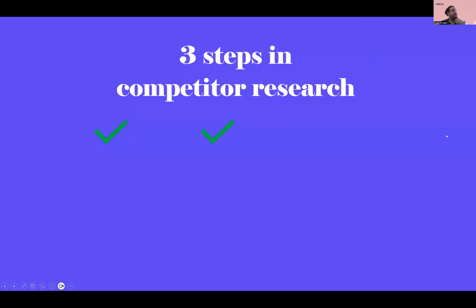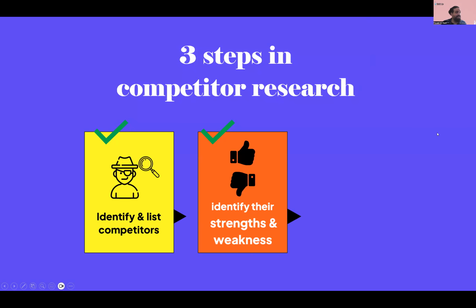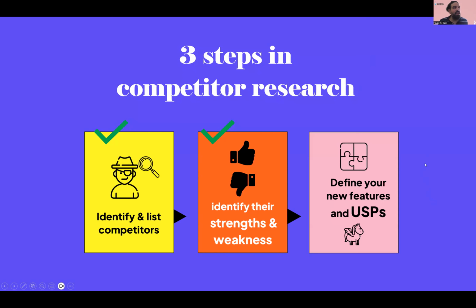You have already done identifying and listing competitors, identifying their strengths and weaknesses, and now what you are going to do is define your new features and USPs based on what you found. For your business to stand out, these are the features you can use to stand out among your competitors.